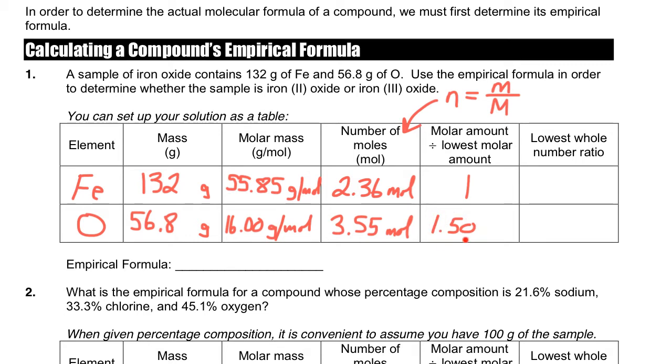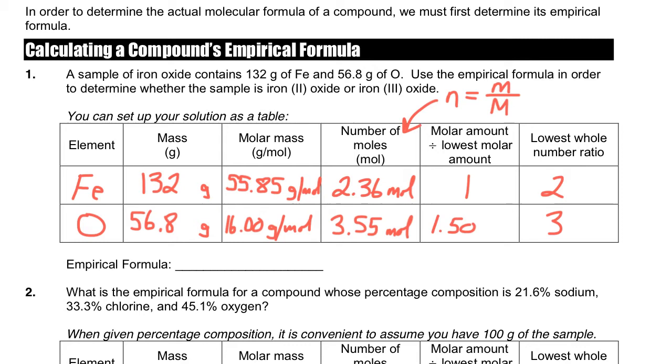But that doesn't really make sense because you can't have half of an atom of oxygen. So what we need to do now is change this ratio, 1 to 1.5, into a whole number ratio. So if you are comfortable with arithmetic, you can just easily notice, well, if I multiply both of these by 2, I'll get a whole number. So 1 times 2 is 2, 1.5 times 2 is 3.